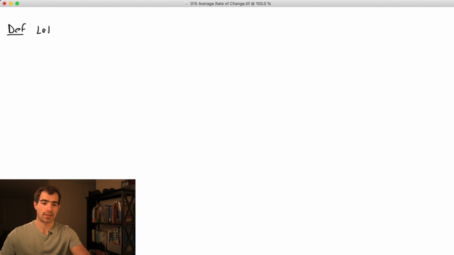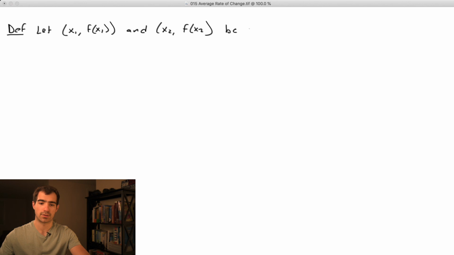So we'll let the points (x1, f of x1) and (x2, f of x2), for our function f, be two distinct points on the graph of function f.